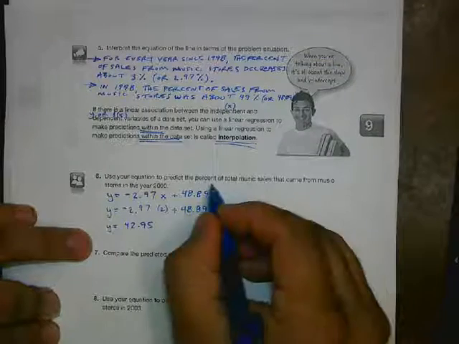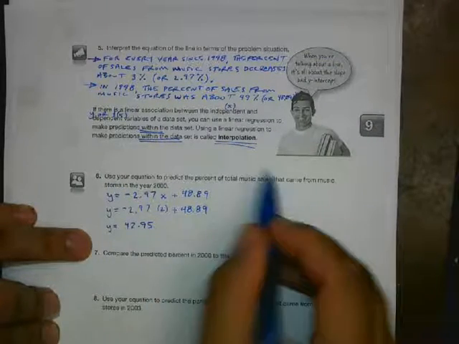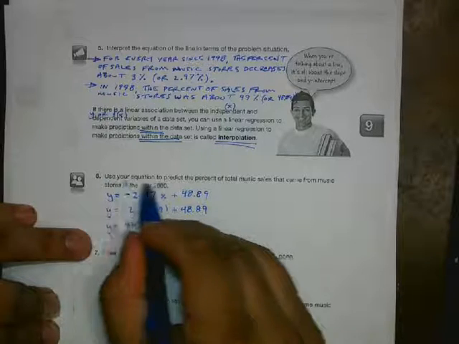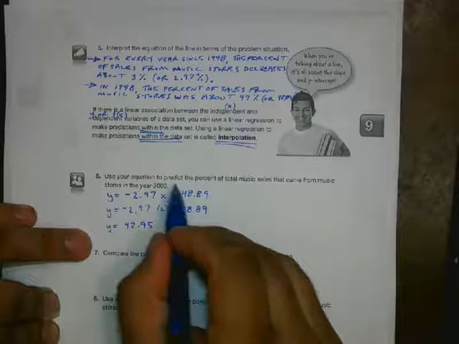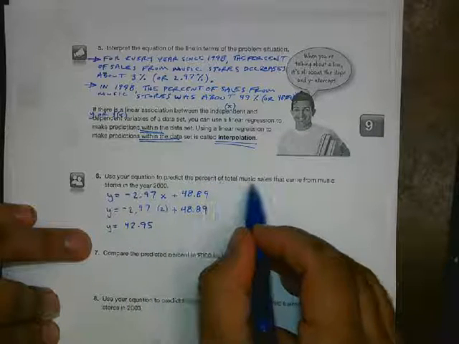So what I usually do when I put an answer down, I take their question and I flip it into an answer. Use your equation to predict. So right here we want to predict the percent of total music sales.